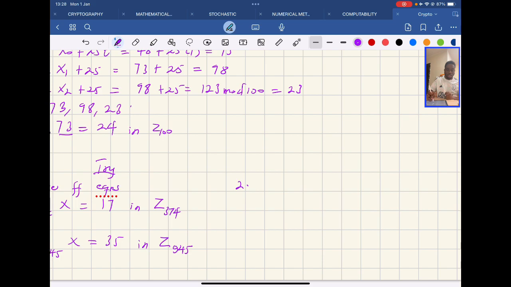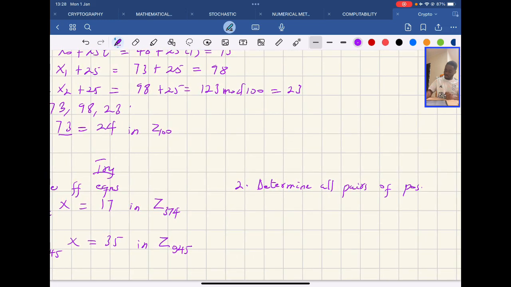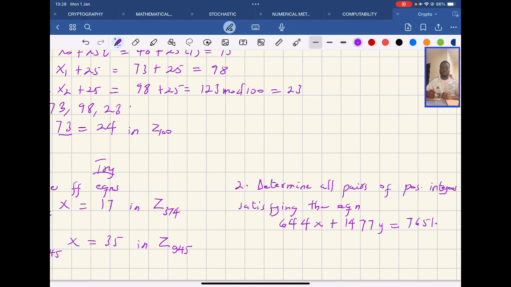And the second question is over here: determine all pairs of positive integers satisfying the equation 644x plus 1477y is equal to 7651.